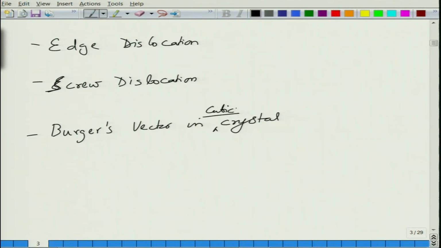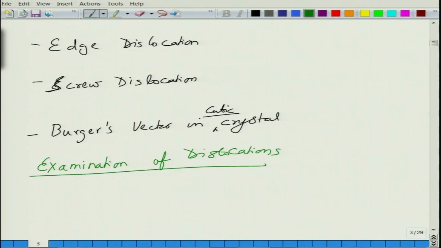Okay. Now, we also see how they move in the crystals. First, how do you examine dislocations in a given material? There are various ways of examining. Basically, what I mean is how do you see whether you have dislocations in the crystals?